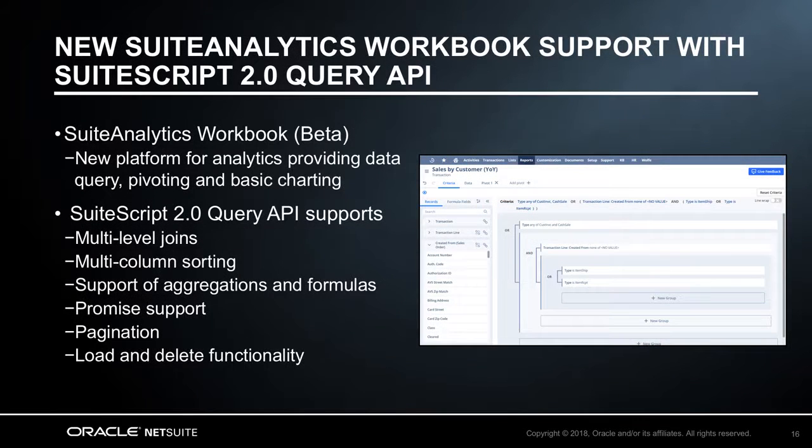With the introduction of NetSuite's new SUITEANALYTICS workbook solution, we are pleased to introduce an open beta period for our new SuiteScript 2.0 query API that interfaces to the new analytics solution. By enabling the SUITEANALYTICS workbook feature in your NetSuite account setup menu, you'll get instant access to unified analytical features and the query API.